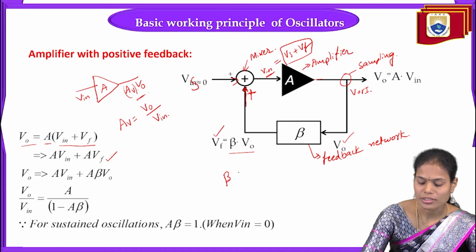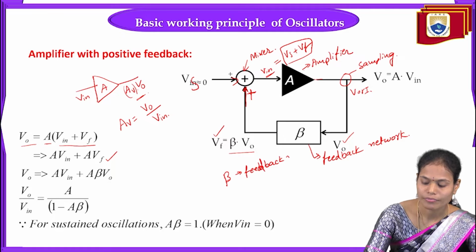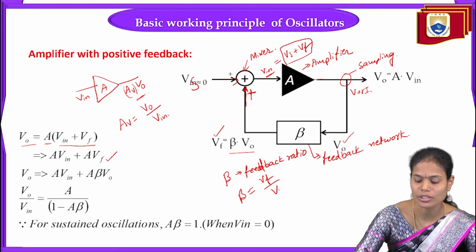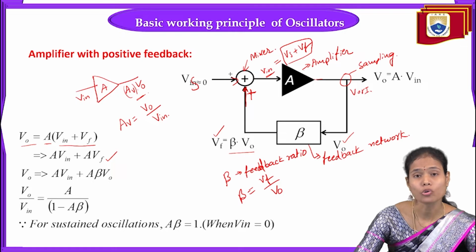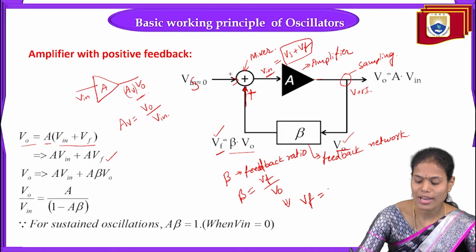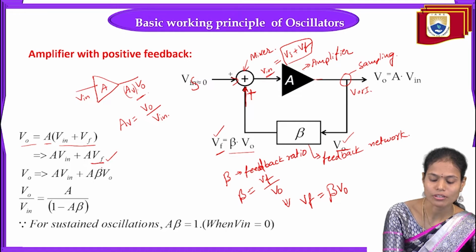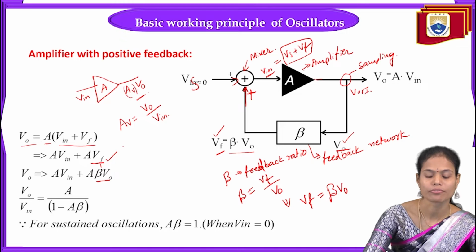Here beta is the feedback ratio, the ratio of the feedback network's output voltage Vf to its input voltage V0, that is Vf by V0. So we can write the feedback voltage as the product of beta and V0, and in place of Vf we replaced it with beta V0.